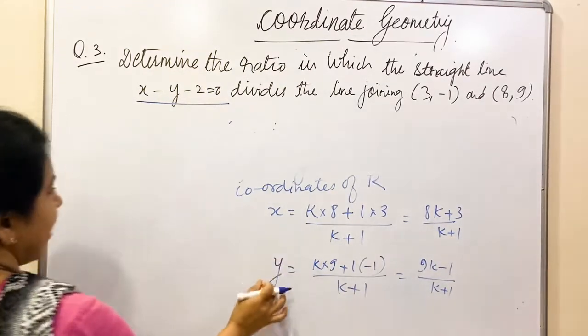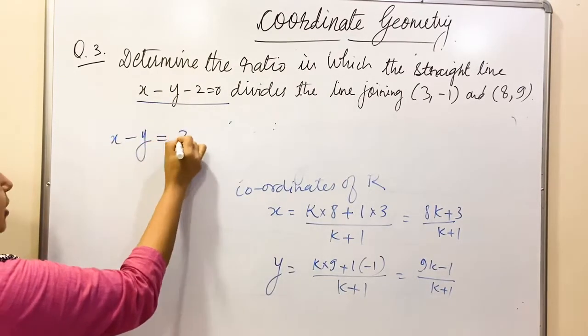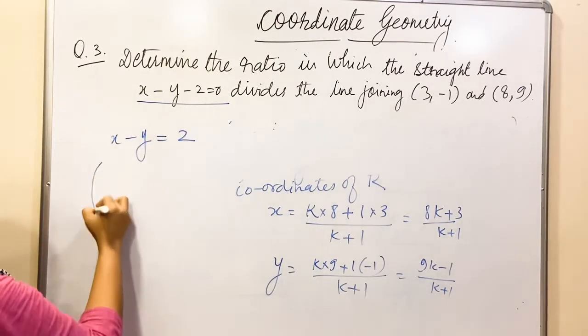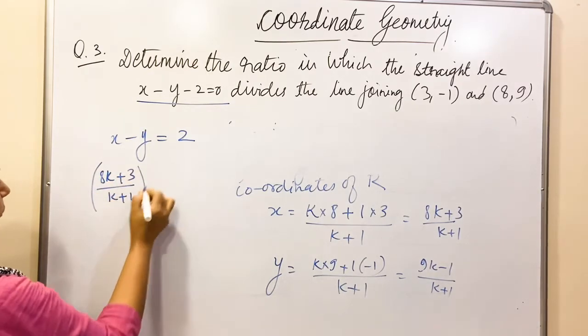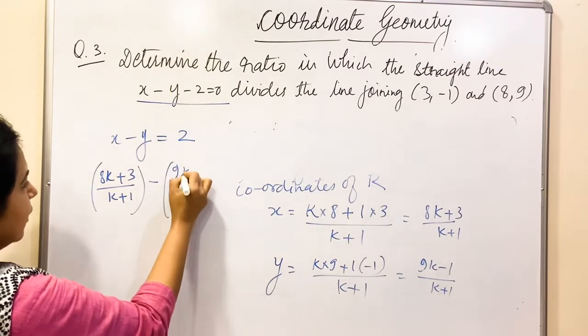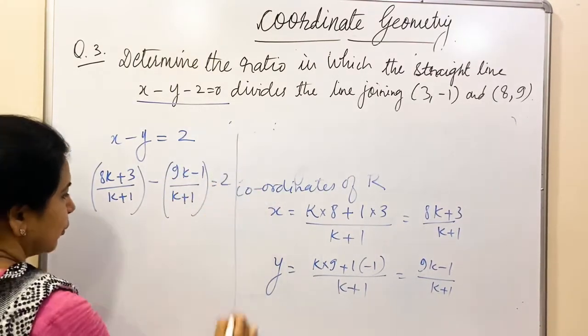So putting the value of x and y in this equation, x minus y equals 2. x is (8k plus 3) by (k plus 1), and y is (9k minus 1) by (k plus 1), equal to 2.